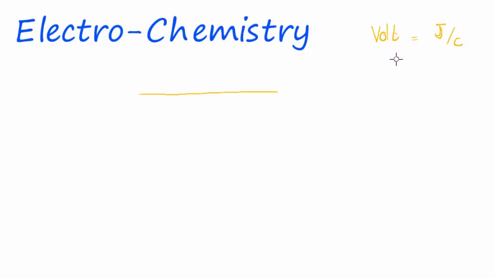So if I'm measuring volts, I'm measuring how much energy a little group of electrons has. Now, electrochemistry is using electricity to create a chemical reaction, because a chemical reaction, when it comes to redox reactions, is about sharing, giving away electrons to other elements.